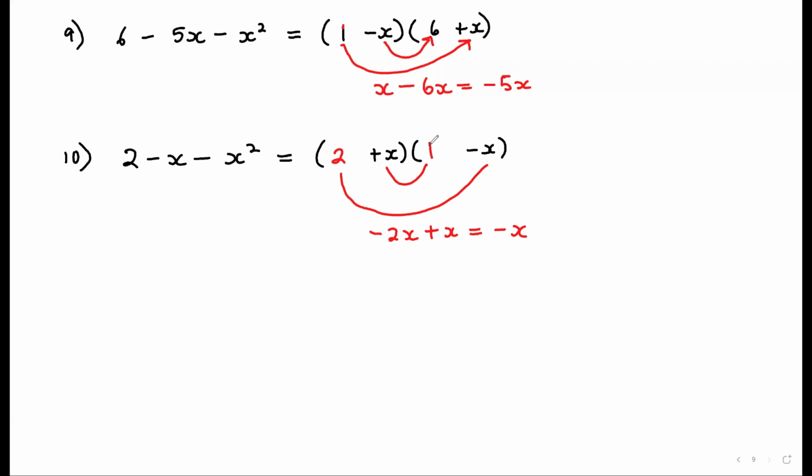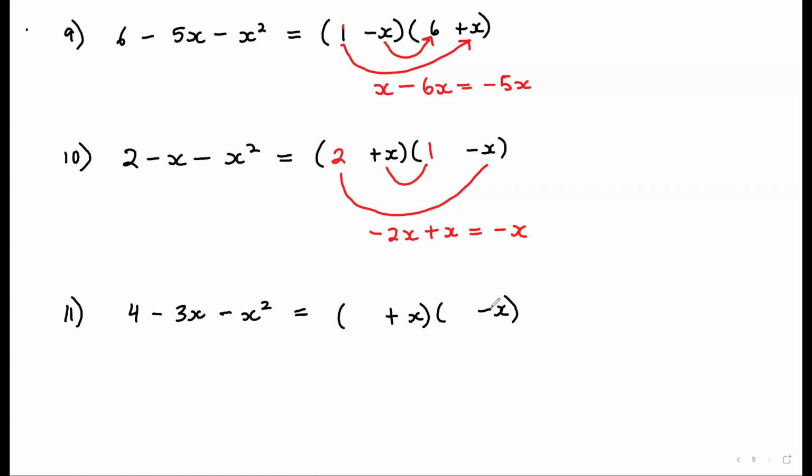This one is a little tricky, so I'm going to do a couple with you. Let's say we had 4 take away 3x minus x squared. So once I see minus x squared, I know in the brackets it's going to have plus x and minus x, like that, right?